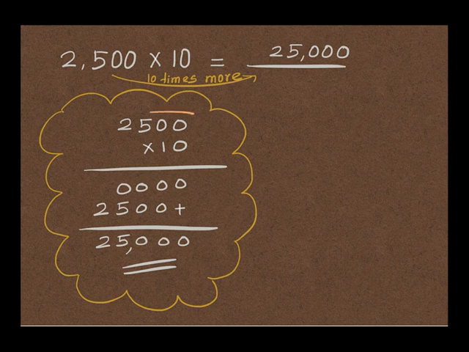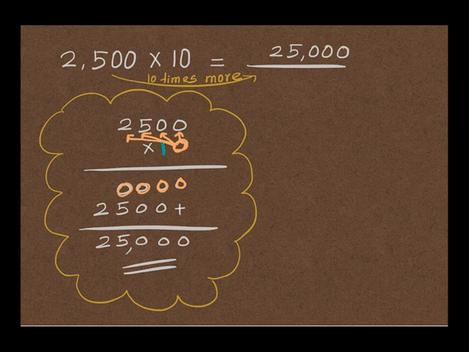So here you can see how this 25,000 is multiplied by 10. We have to multiply with this 0 all the 4 numbers. So 0 times 0 is 0. And then again you have to multiply with this number. 0 times 0 is 0. And then again 0 times 5. Any number multiplied by 0 is 0. So it's again 0. 0 times 2 is 0.